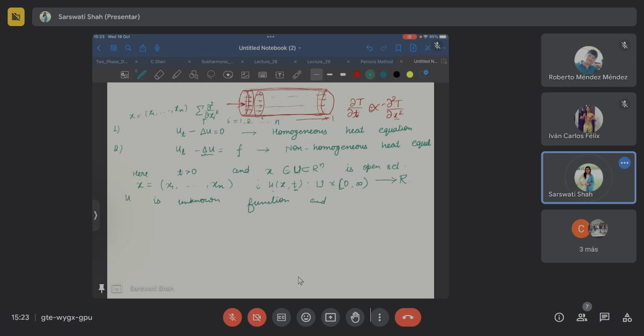and the Laplacian. Every time we define the Laplacian with respect to the spatial variable.